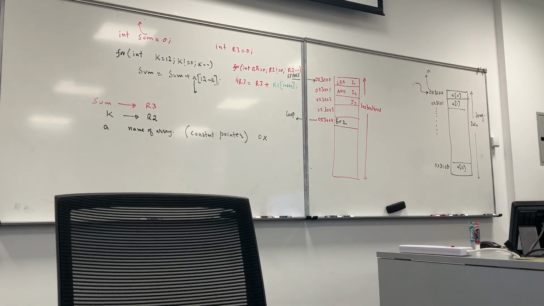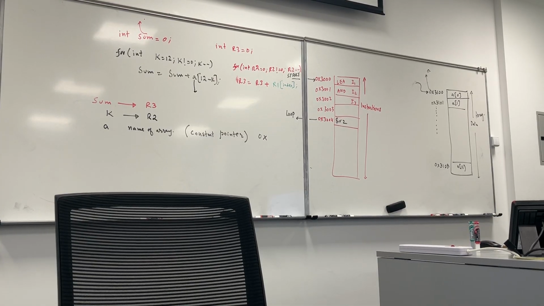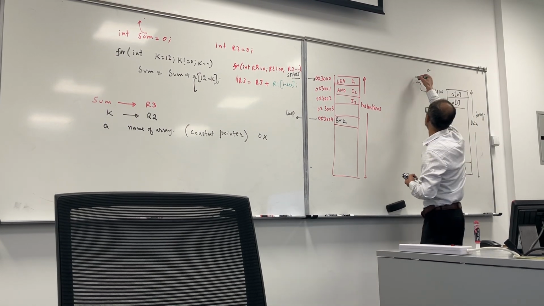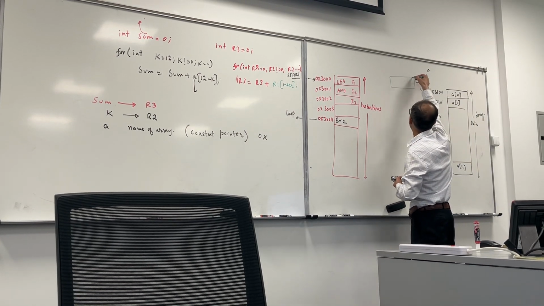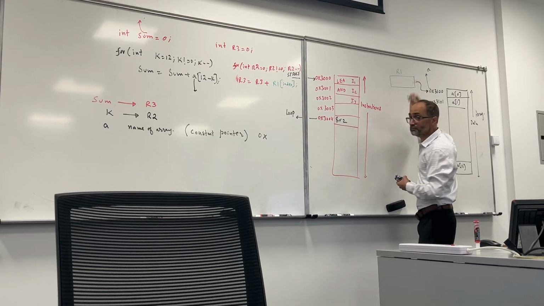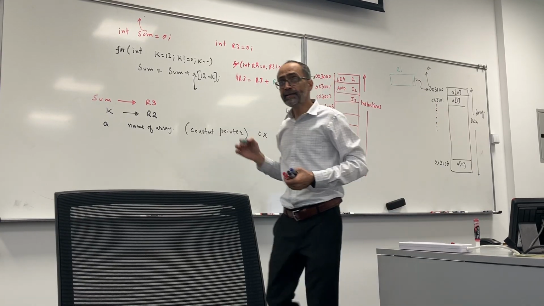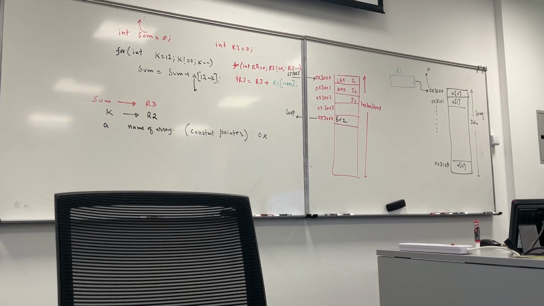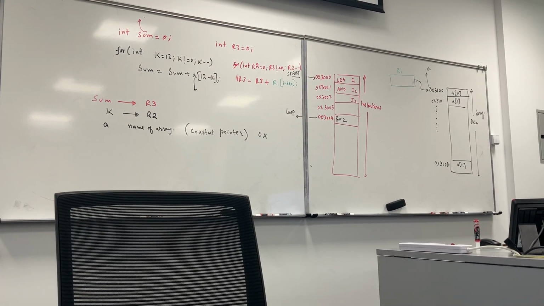Now the question is, which register is pointing to the base address of the array? R1. So we have register R1. What should be the content of R1 at the start?